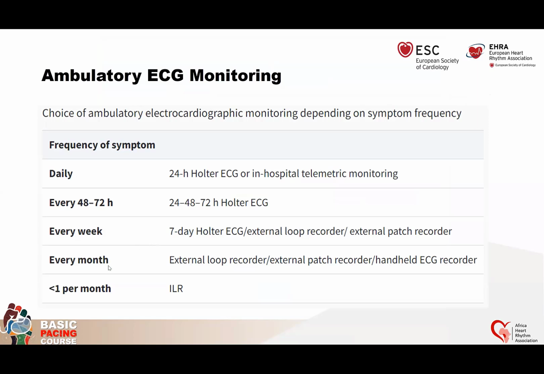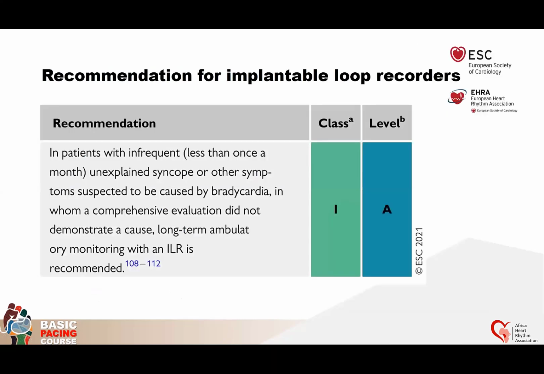If it's less frequent, like every month, an external loop recorder, or now we have handheld ECG recorders and smart objects and smart recorders. If it's less than once per month, you are indicated for using an implantable loop recorder. And this is a class 1 recommendation.